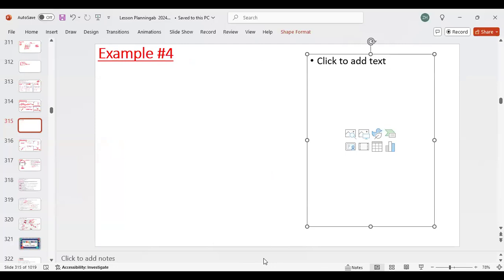All right, let's go ahead and answer this question. Let's write it down first. The first thing we're going to do is draw in the shape.